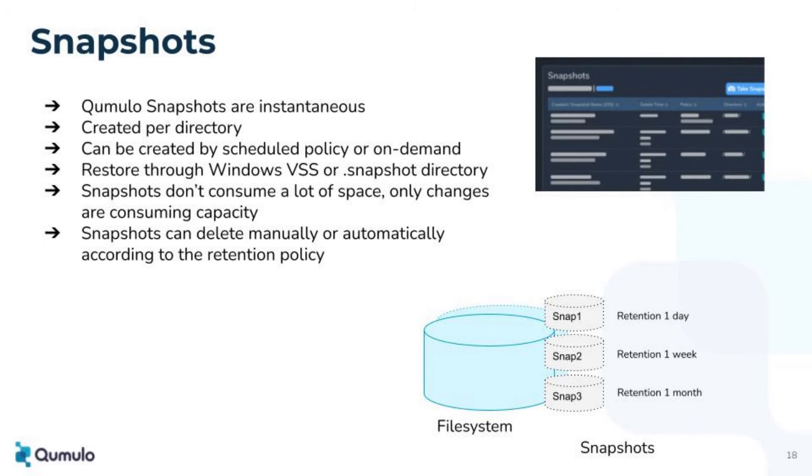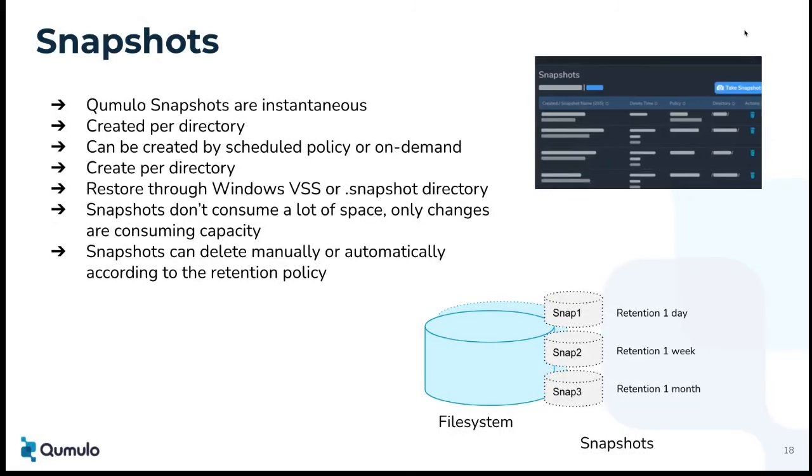Restore is possible through a Windows VSS integration, so you know that feature. You are in File Explorer and then you right-click on a file and then you get shown previous versions from which you can pick and choose. Or in every directory you have a .snapshot subdirectory from which you could copy back files that are clean.